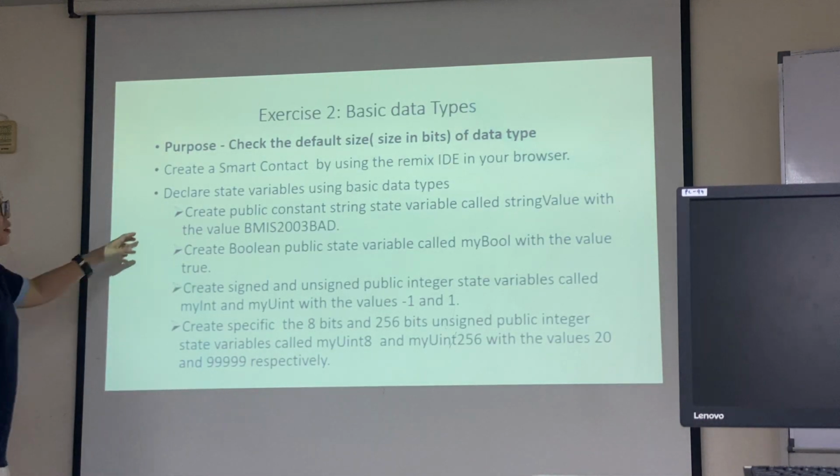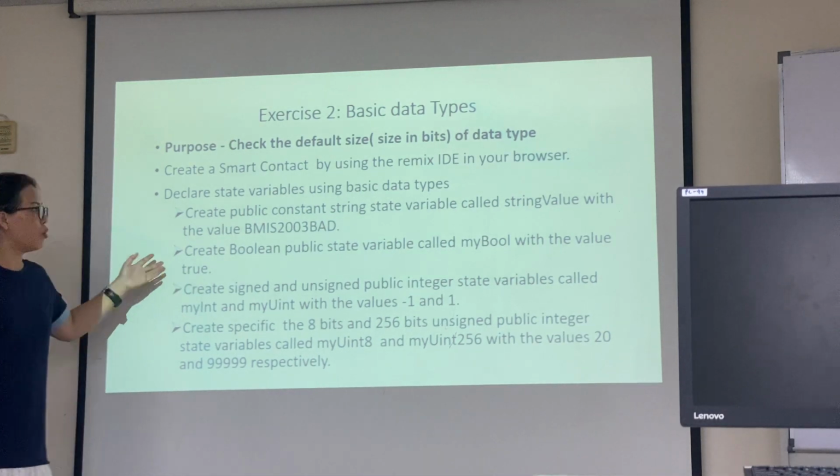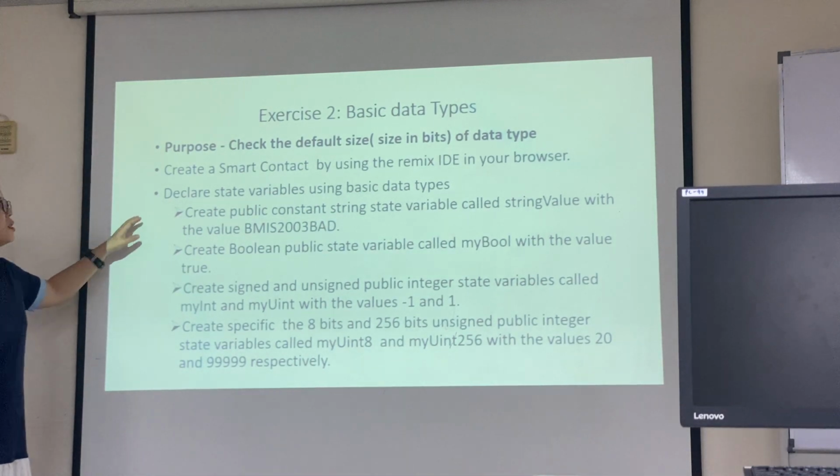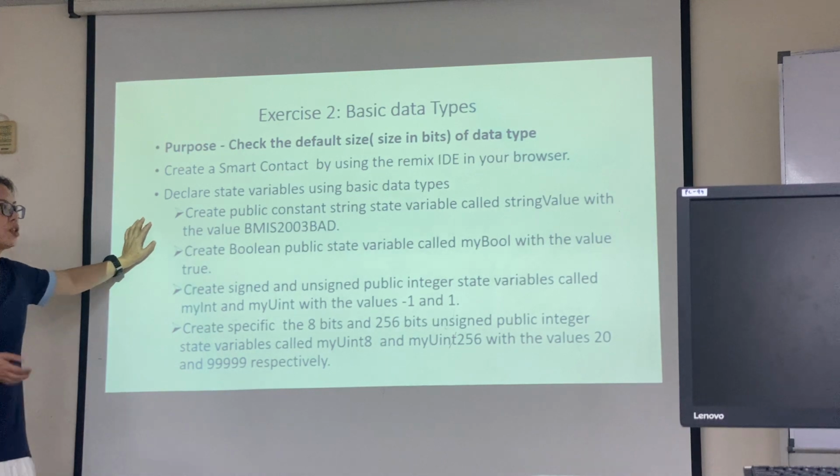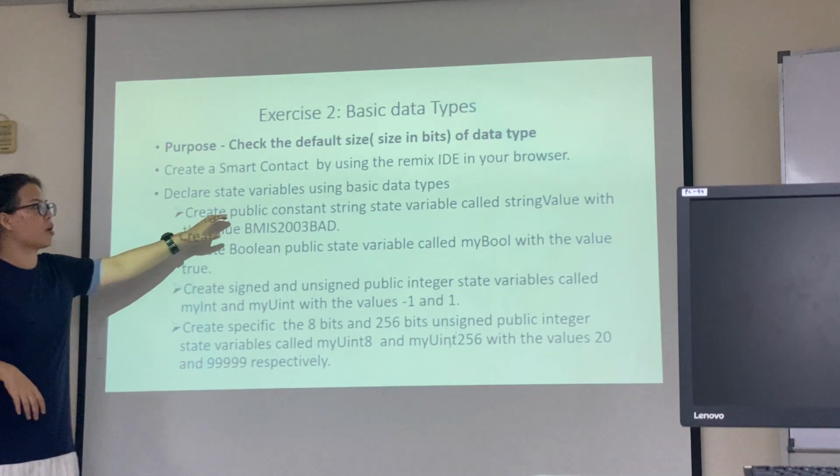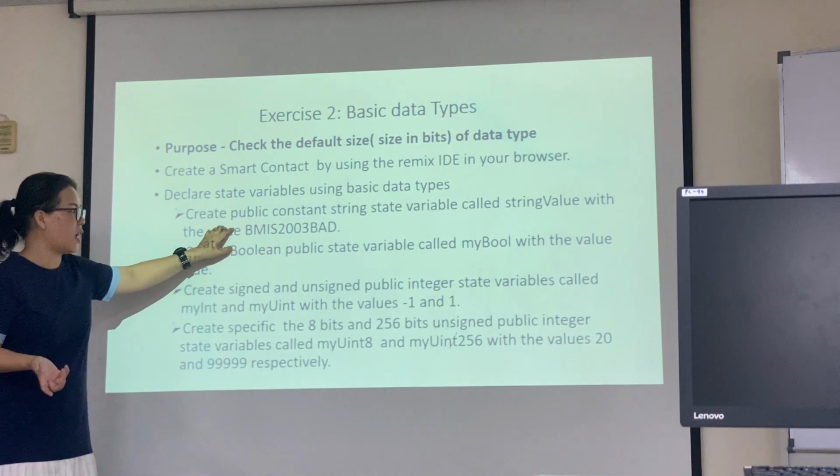So now this exercise 2 here, I also want to take it out, because this only wants you to check the default size in bits of the data type. He wants you to understand: when the variable is created as a public constant, what is the size of the data?